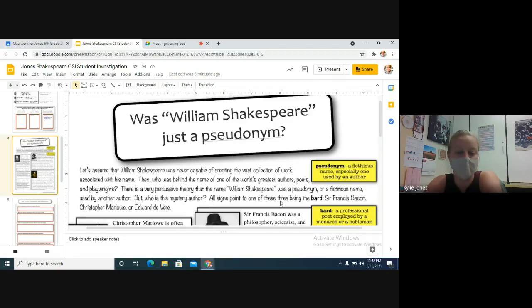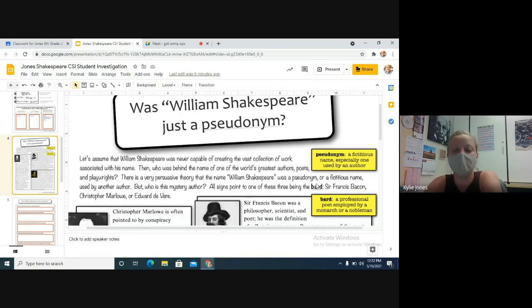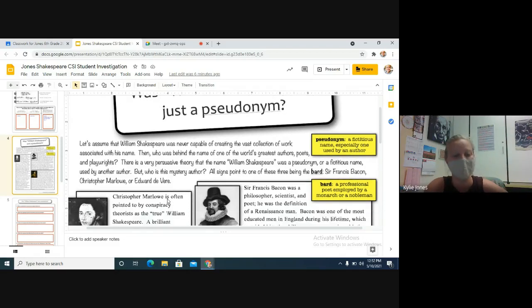All signs point to one of these three being the bard. Good. A bard is a professional poet employed by rich people. So it's either Sir Francis Bacon, Christopher Marlowe, or Edward de Vere. Those are the three people they think might have written under the fake name William Shakespeare.